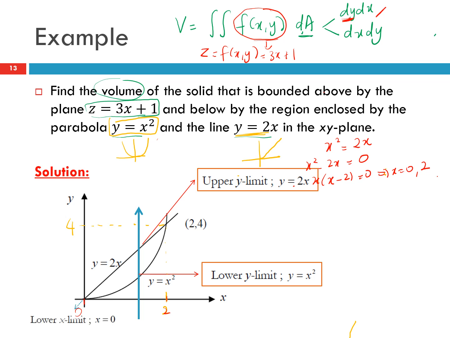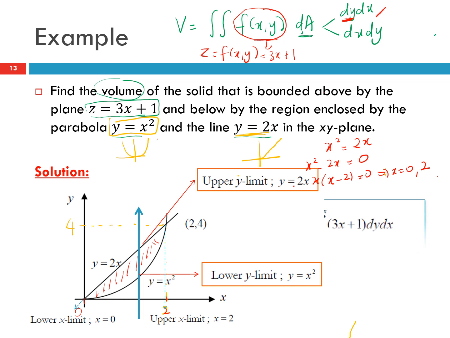So you can see that the region here is from x equal to 0 to x equal to 2. So x equals 0 will be the lower limit, and x equal to 2 will be the upper limit.